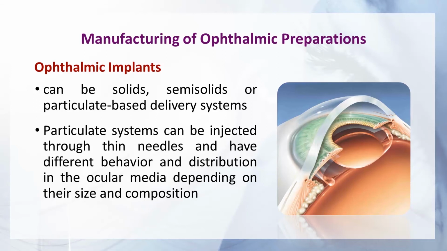It can be a solid, semi-solid or particulate based delivery system. Specifically, particulate systems can be injected through thin needles and have different behavior and distribution in the ocular media depending on their size and composition.